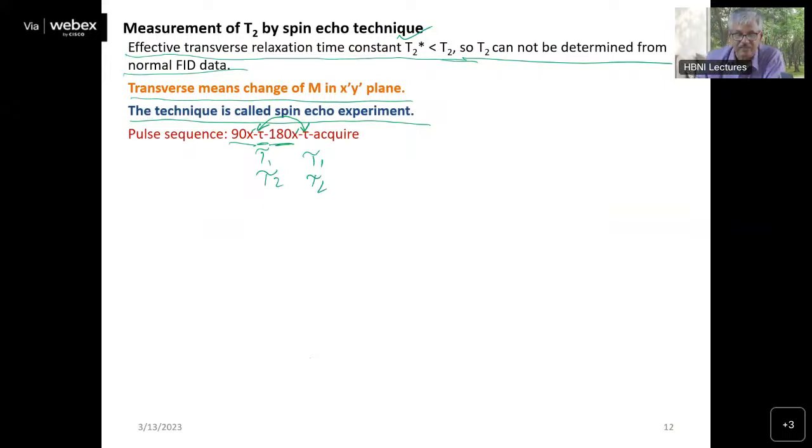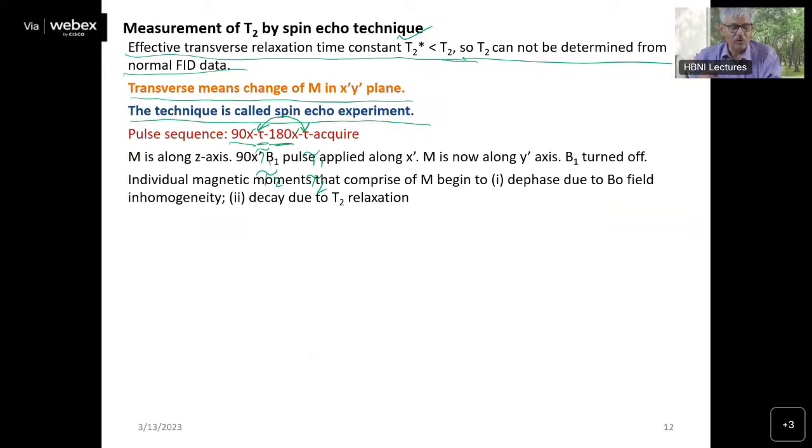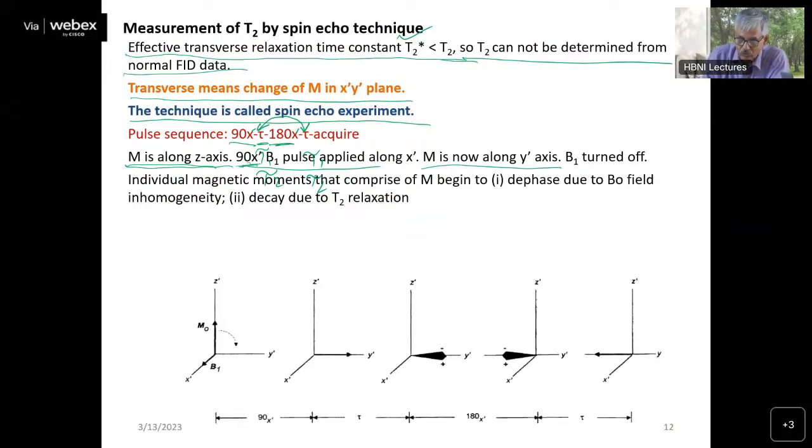Now, let us see. At the equilibrium condition, the magnetization is along the Z axis, and then you are giving a 90-degree X pulse, which is your B1 field. What will happen? It will bring the magnetization to the y-axis. Now you turn off the B1.